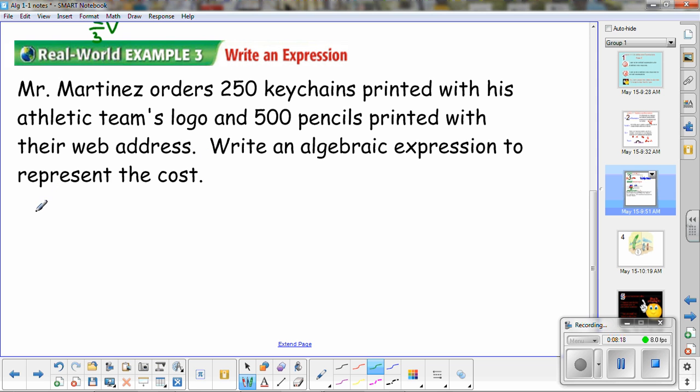First of all, let's define our variables. Let K be the cost of a keychain, and let P be the cost of a pencil.